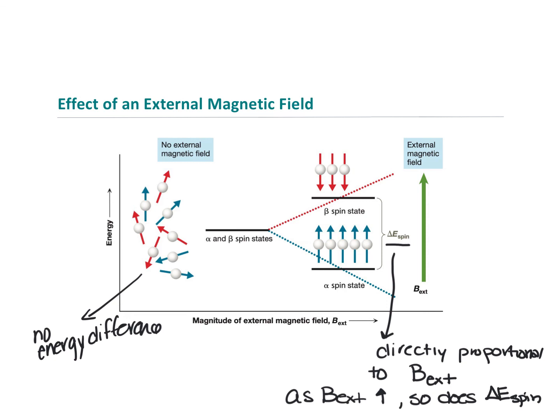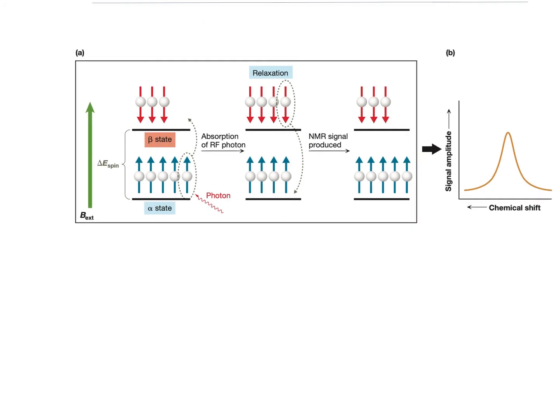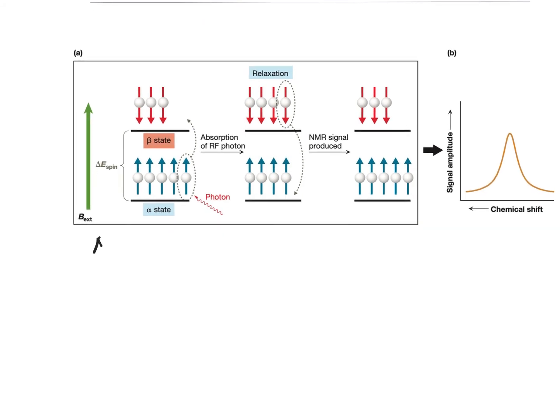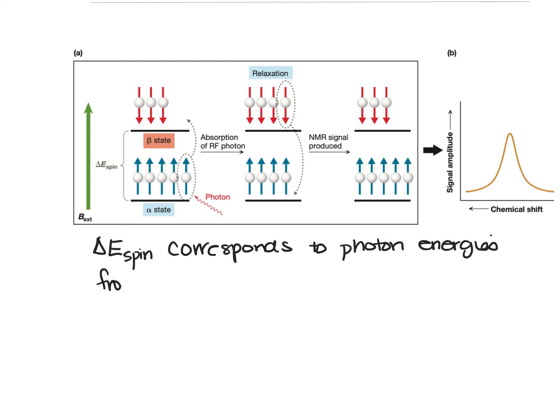That energy difference is really important to us because if we look over here, the delta energy, that difference in the energy spin states, corresponds to photon energies from the RF region of the electromagnetic spectrum.